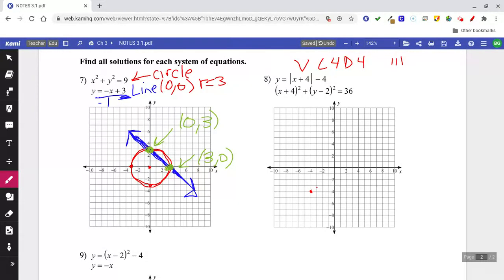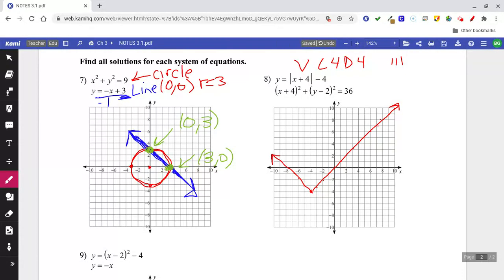So go up 1 and right 1, up 1 and right 1, up 1 and right 1. I would recommend you do a lot of dots so you can draw a good looking graph. Sometimes it's difficult, especially if you're sloppy. If you're careless or sloppy, it's going to be really hard to answer this question accurately. So try really hard to do a good job.